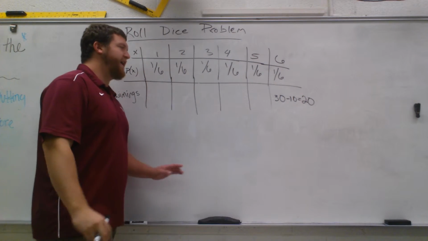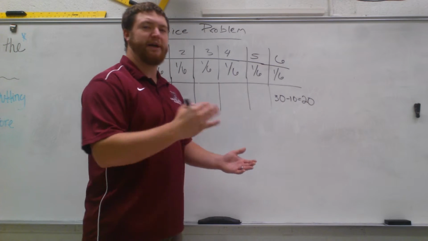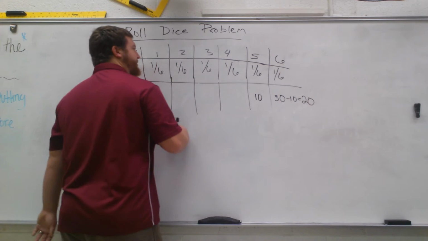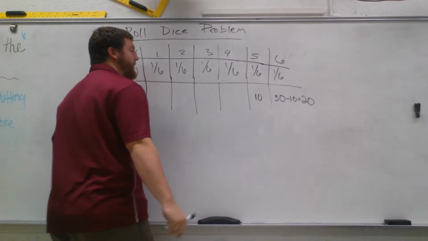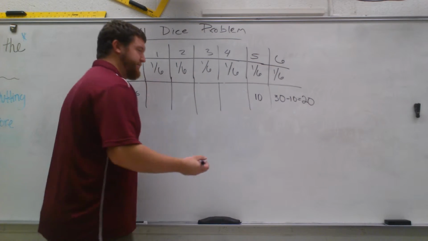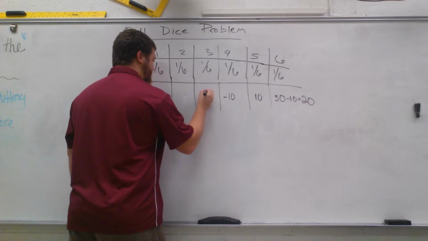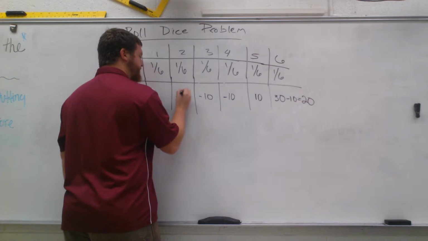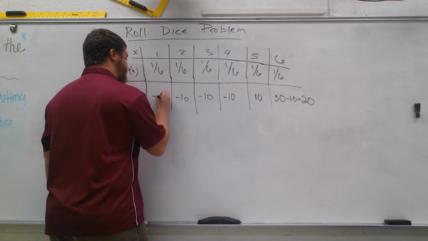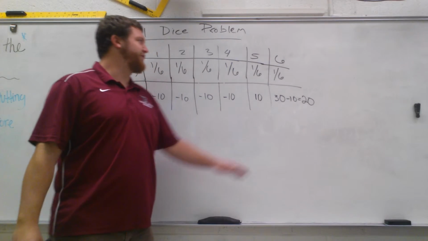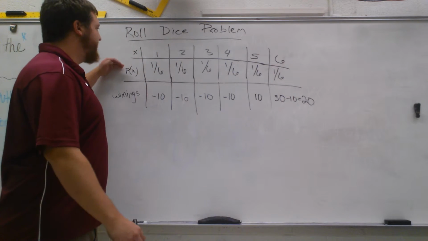What if I roll a 5? Well, I make $20, but I had to pay 10 to play, so I really only make 10 bucks. Now, what happens if I roll a 4? I don't win anything, and I paid 10 bucks to play, so I'm in the hole $10. 3, same as 4. 2, same. 1, same. So now I've got what I make versus the probability that it happens.